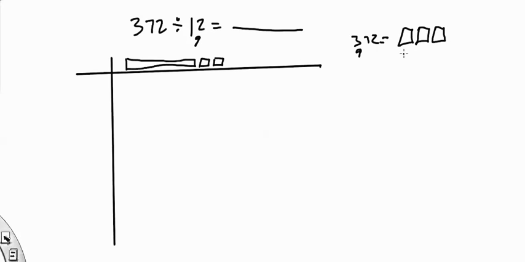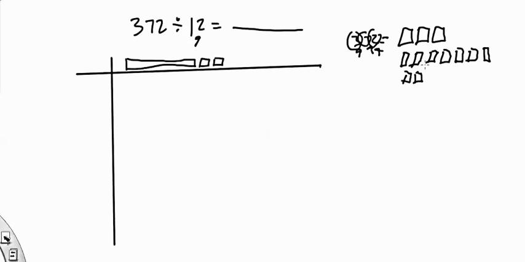We're going to have 7 10s. Those are our 7 tens. And then we're going to have 2 ones. Okay, so we have 3 100s, 7 tens, right here, and 2 ones.